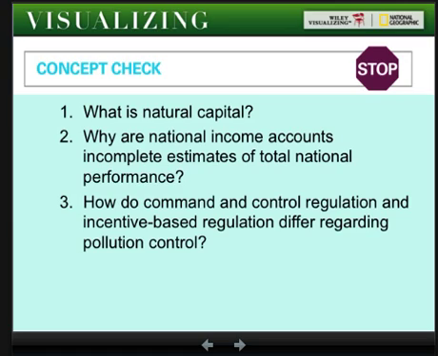Incentive-based regulation is different. In incentive-based regulation, what you do is essentially sell the right to deplete a natural resource or to use the environment as a sink for the disposal of waste.